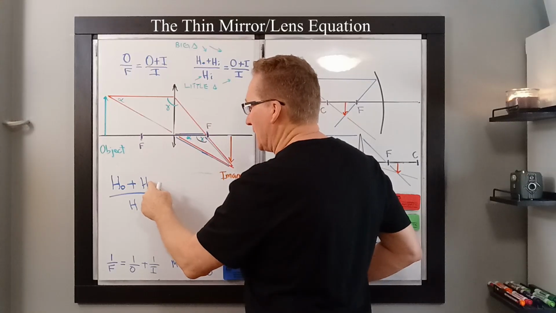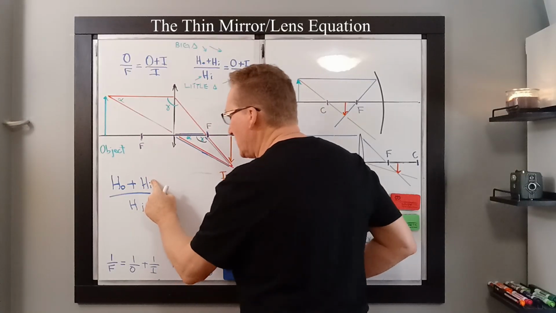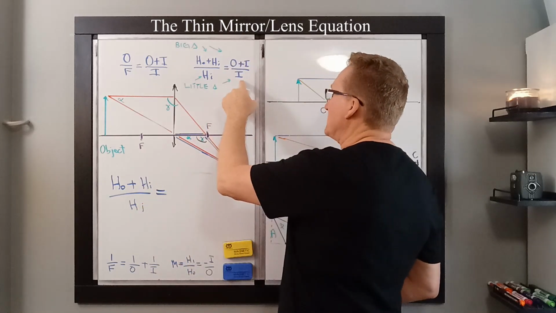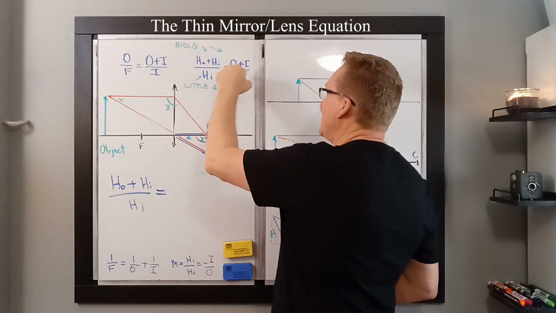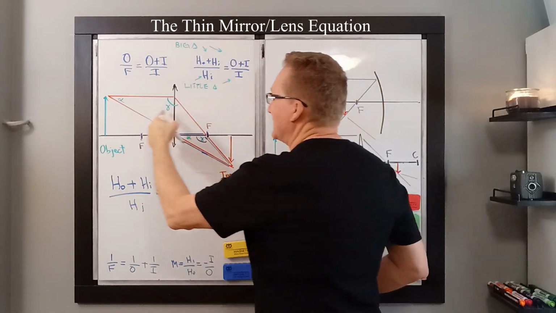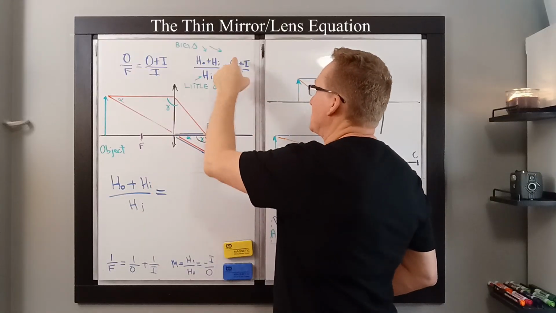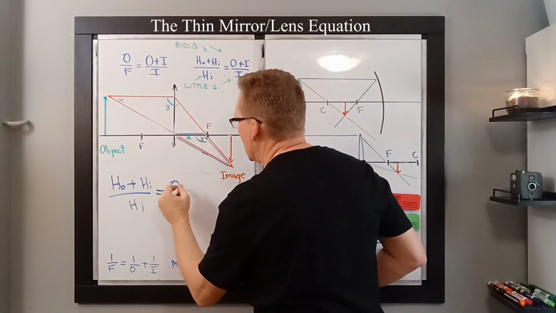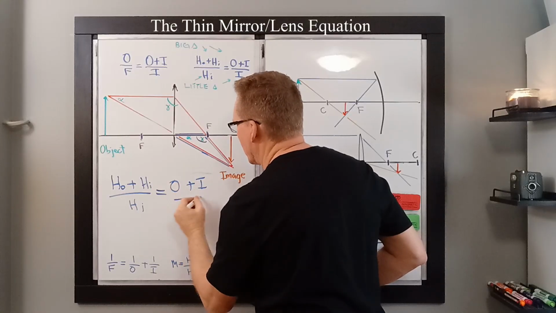So here again I have a triangle relationship for the big triangle over the little triangle. And that again, I can use the same equality there that I did here, which is related to the distances of the image to the object, which is the big triangle over the little triangle. So that's going to be O plus I over I.